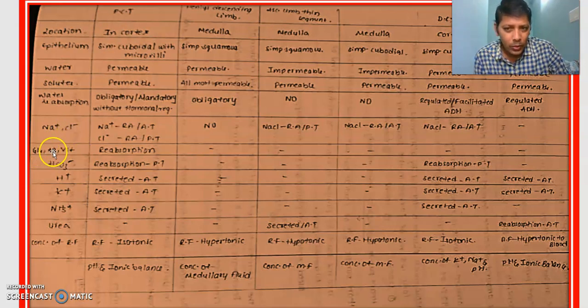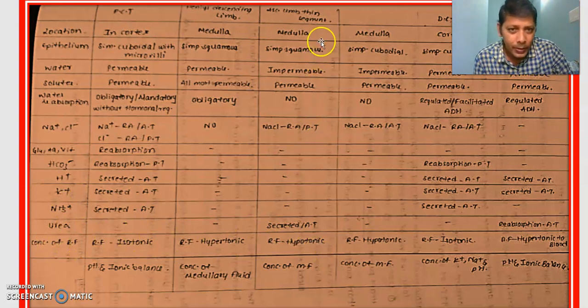Then Cl minus, glucose, amino acid, vitamin, HCO3 minus. H plus, K plus, NH3 plus are cations; Na plus is a cation, and Cl minus and HCO3 minus are anions. Then urea, and the concentration of the renal filtrate: how is it?